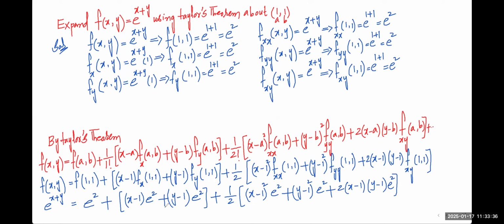Your choice is there. If you want to take e square common, the choice is yours, or else you can just leave it here. That is also the answer of this question.